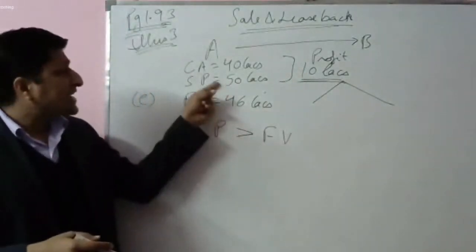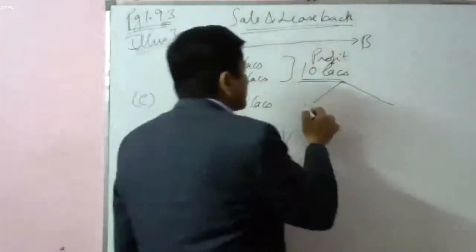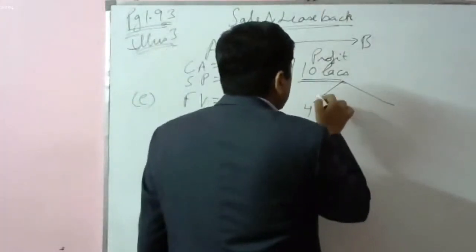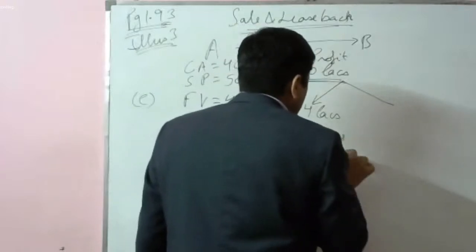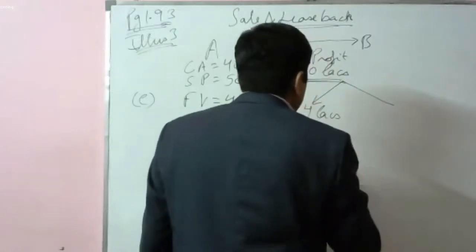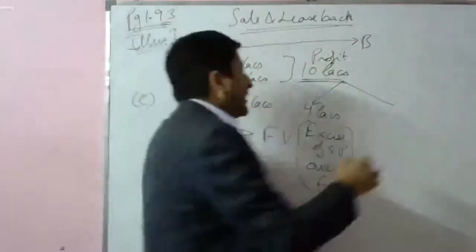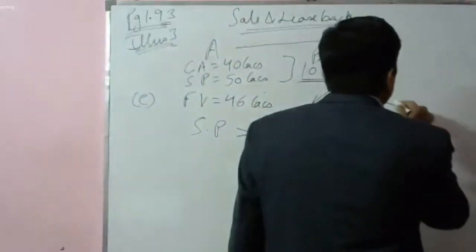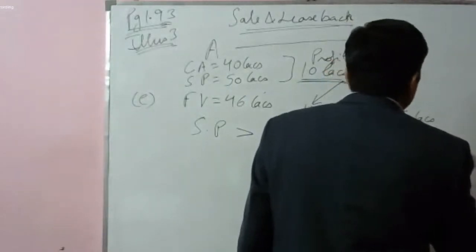If you find the excess of selling price over fair value, what is that? 4 lakhs. This is the excess of selling price over fair value, so this is the first component. And the other component is 6 lakhs, you can say the balance amount.